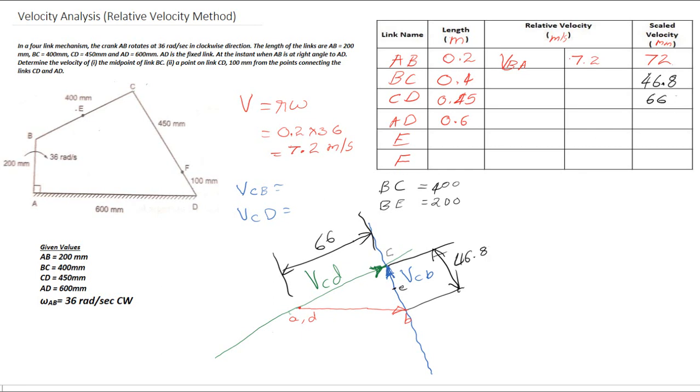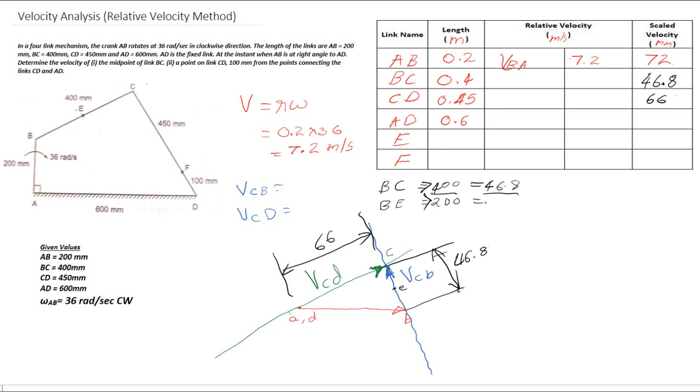Now we are going to locate the points E and F. You have a value corresponding to the configuration diagram and a value corresponding to the velocity diagram. So corresponding to the 400 dimension, you have got 46.8.